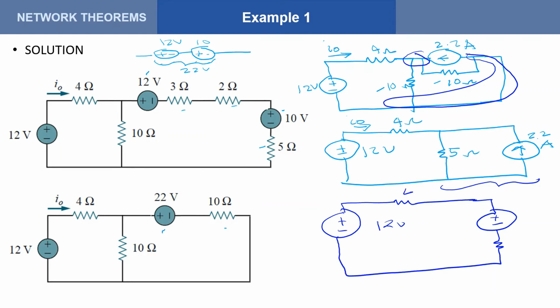So this is 4 ohms, this is 5 ohms, and the voltage source is 2.2 times 5, that is 11 volts. Okay, so this is I naught here. Take note that I naught will now flow throughout the single loop. So we're able to reduce the original circuit into a single loop without affecting the parameter I naught.